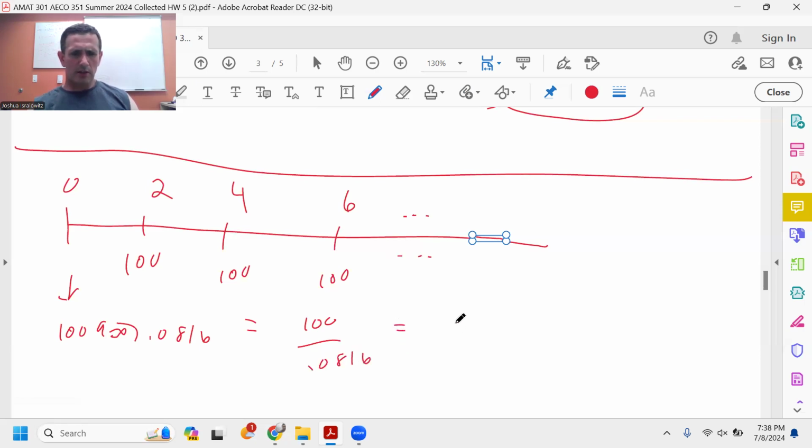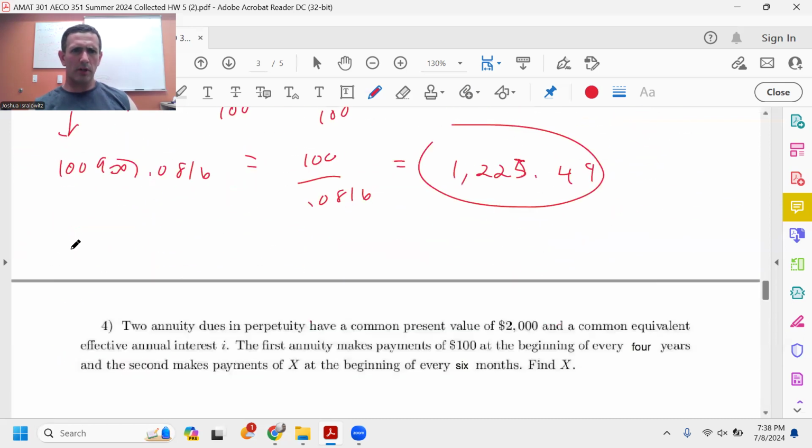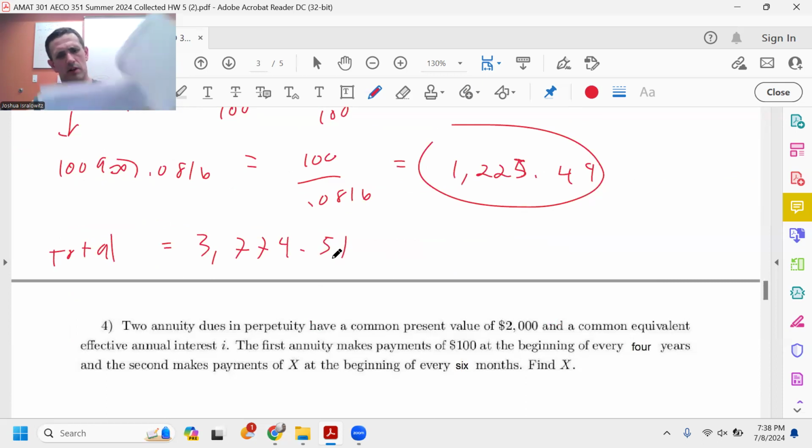And this is 1,225.49. Add these two up that I circled, and you get 3,774.51.